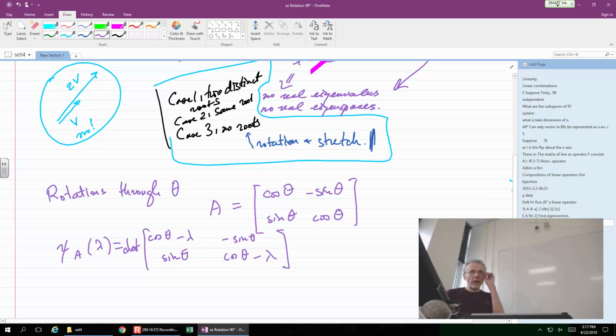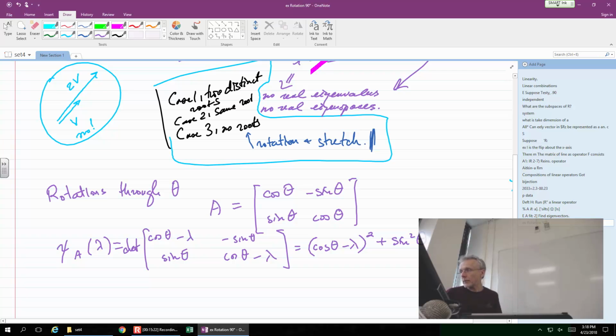Okay, so just to have the characteristic polynomial and try to connect, by looking at the characteristic polynomial, try to identify what theta might be, how theta might be appearing there. So it will be cosine theta minus lambda squared plus sine squared theta, right?